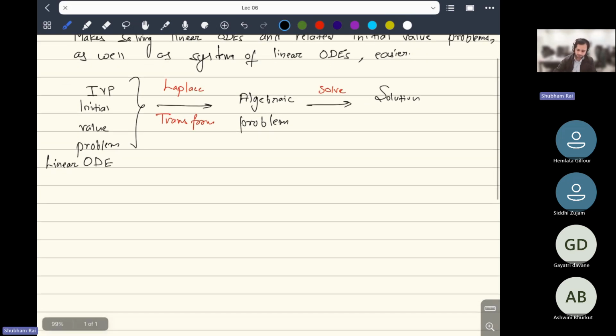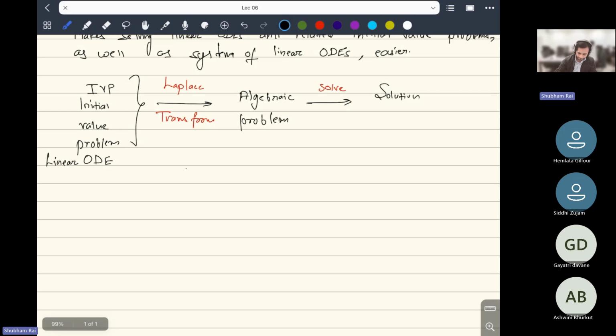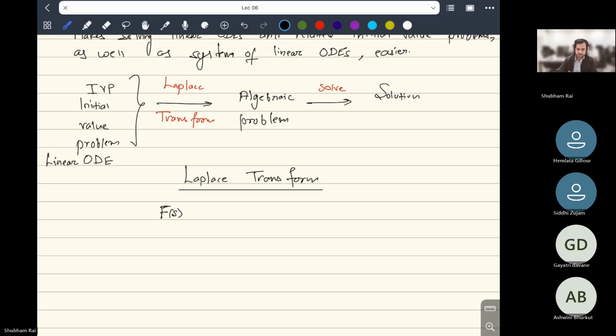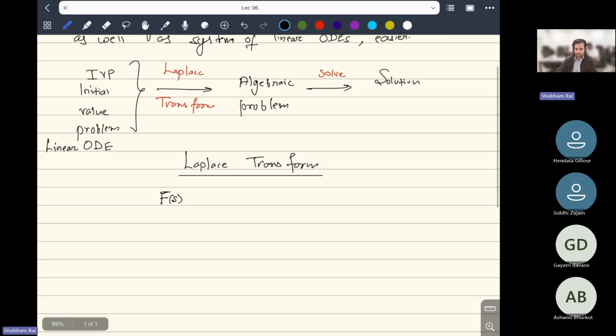Let's see what the form of the Laplace transform is. This lecture is going to be very basic, then we will advance as we go ahead. Laplace transforms are denoted by capital F, with s as the new variable.